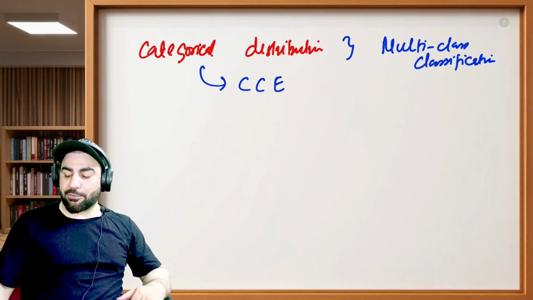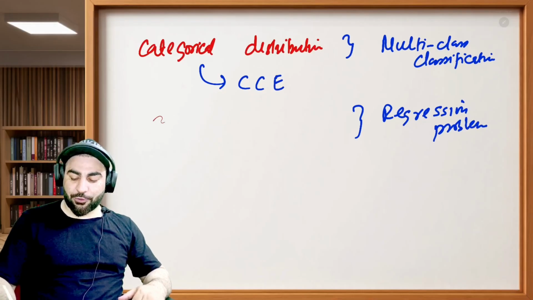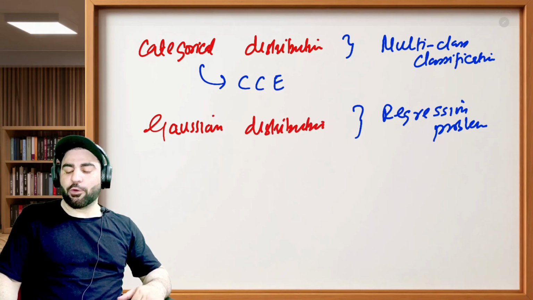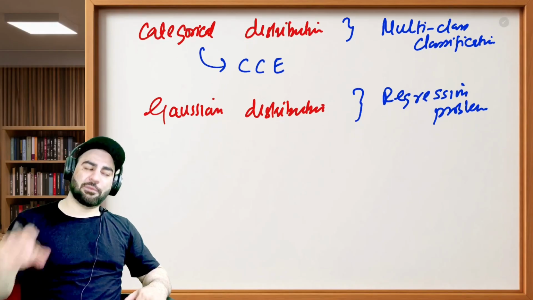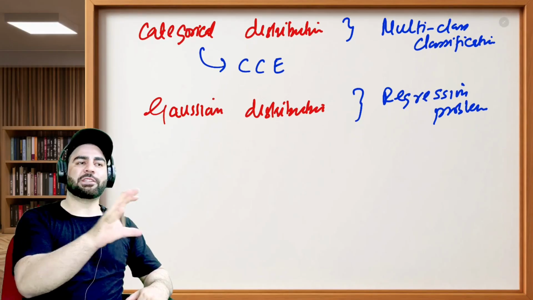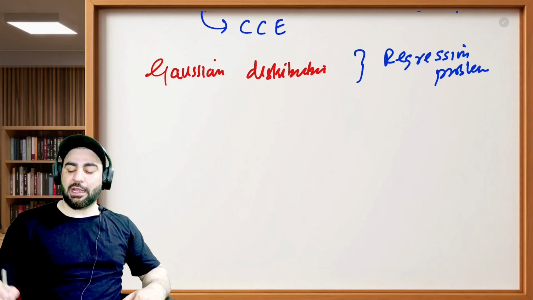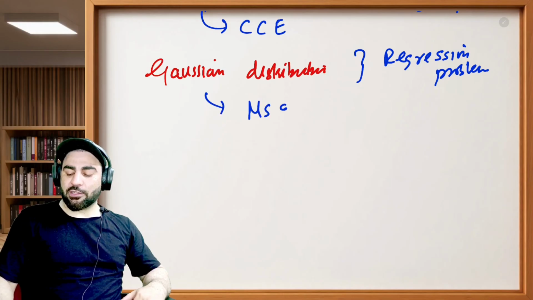If you have a regression problem, you can use the Gaussian distribution. If you use the Gaussian distribution and follow the four steps that I told you, step 1, choose a distribution, and after that model the parameters of this distribution by using the model, so you parameterize this using the model parameters, you will land at the mean squared error loss.